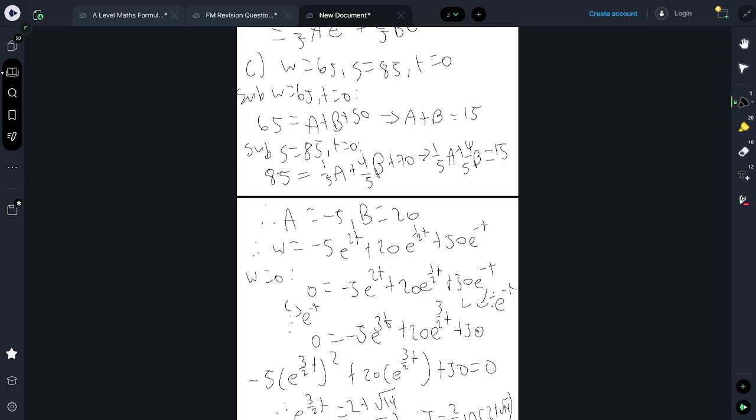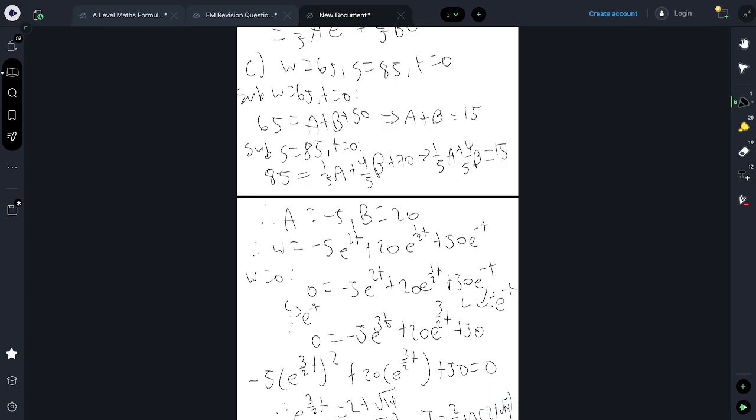If e is very small, such that e to the 2t would dominate more than half t and minus t. Well, actually, we have a value of t here. So for W, we know it goes to 0 when t is this 1.165 that we worked out. What happens when t is bigger than 1.165? Let's try it out.